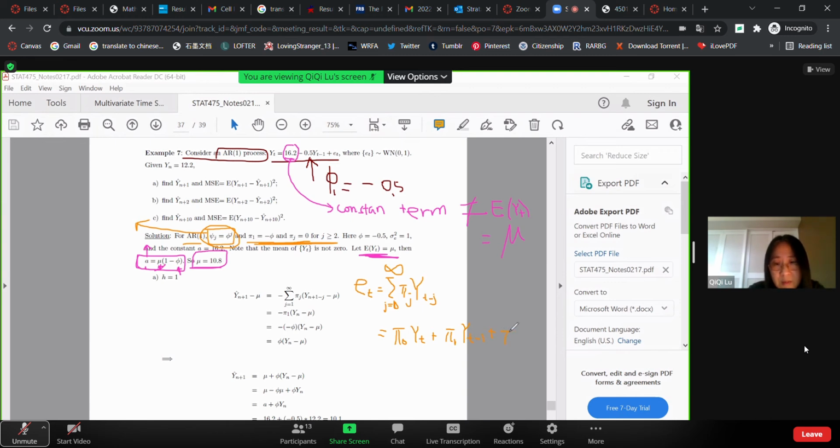And pi 2 YT minus 2. So in this form right here, we always set pi 0 equals 1. So the first term is YT, plus pi 1 YT minus 1, plus pi 2 YT minus 2, and so on.